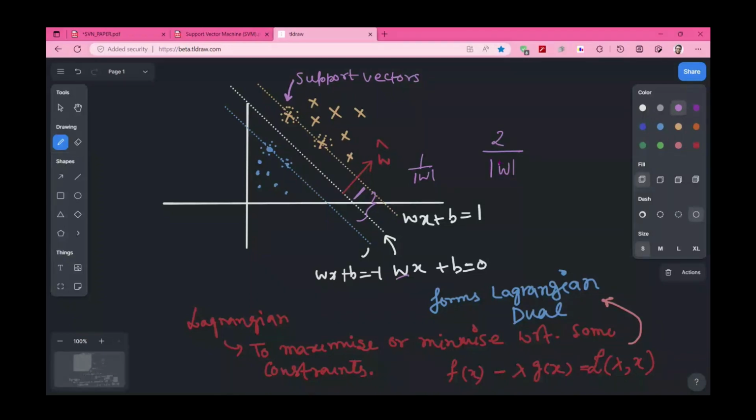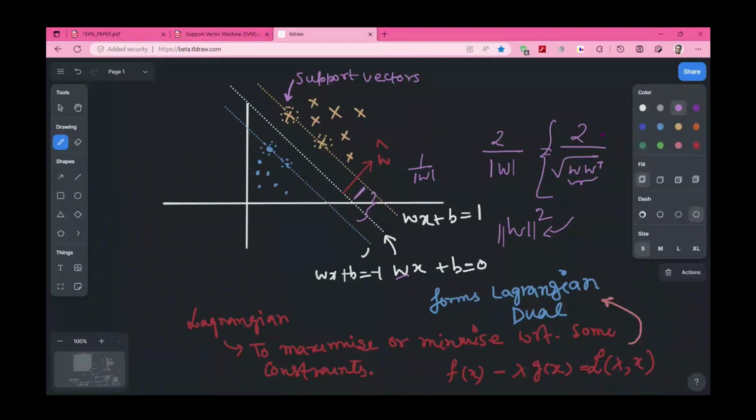So we can define it as 2 by root over w transpose w. Actually the dot product can be written in the form of w transpose w, that is why we can write this. So what we have to do is maximize this value. To maximize this value, we can just take the norm of it, square it, and minimize this value. So if we minimize this value, we can actually maximize the margin.